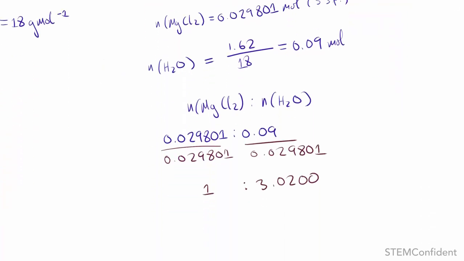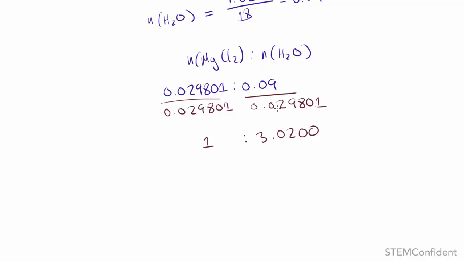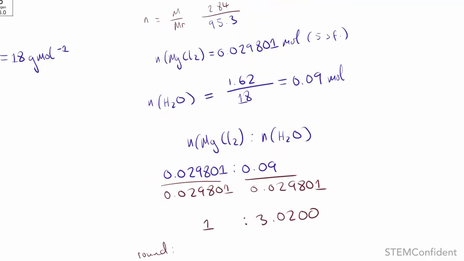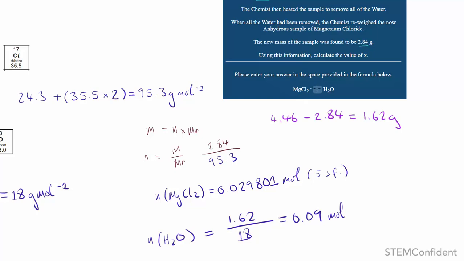So what we're going to do is round this value, and once we round it, effectively what we get is 1 to 3. It's a 1-to-3 ratio, and based on that we can infer that the value of the x is 3. So we're going to put 3 here.